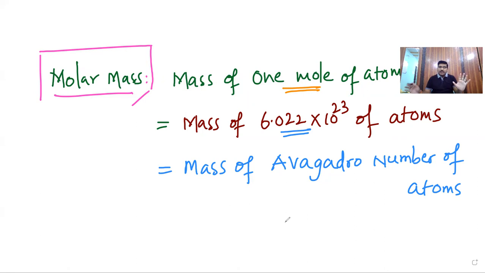I am generalizing. 1 mole means Avogadro number of atoms, which is 6.022 into 10 to the power of 23 atoms. Is it clear? So here afterwards, gram atomic mass is also known as molar mass, meaning the mass of 1 mole of atoms. Is it clear? Right?